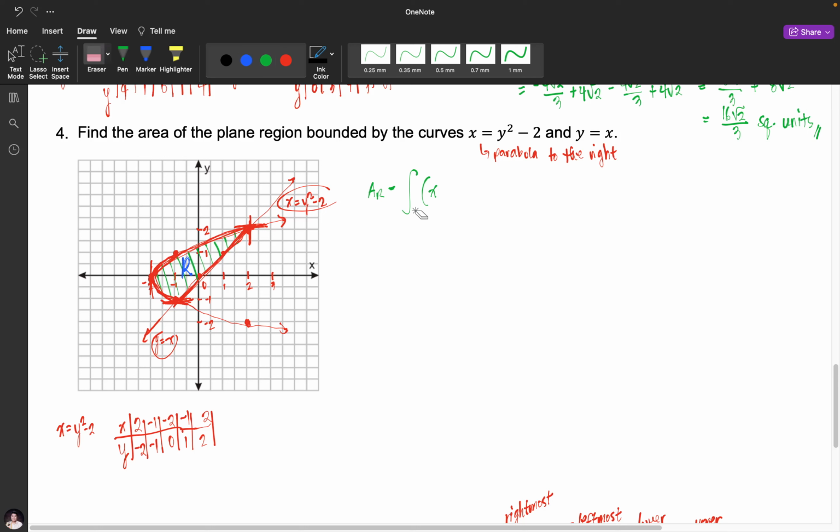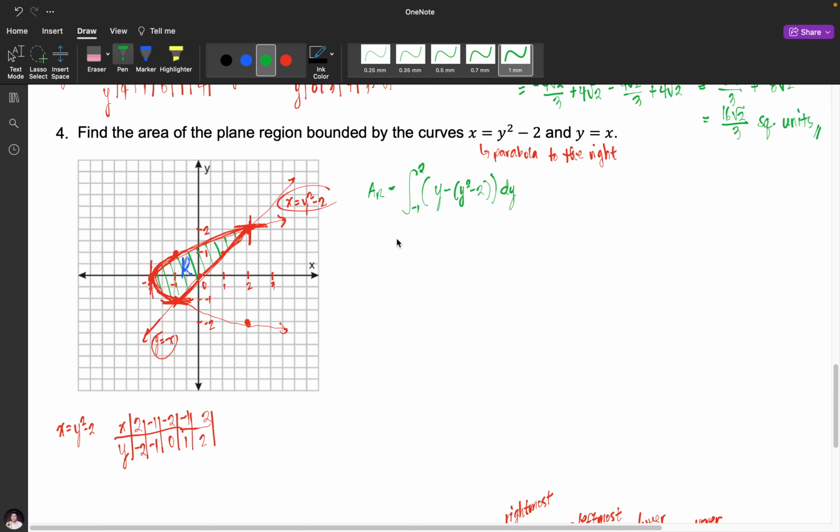So again, that should be in terms of y. So we have this y minus the leftmost function, which is y squared minus 2 dy. Again, everything is in terms of y. The lower bound is negative 1 and the upper bound is positive 2.